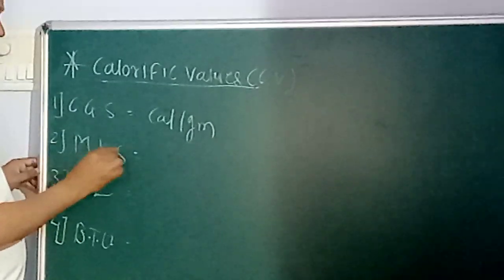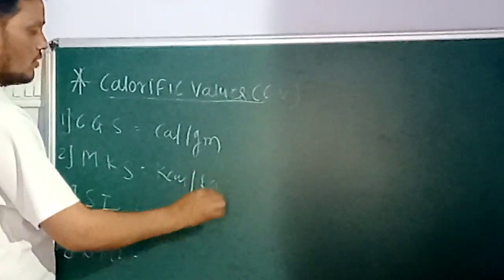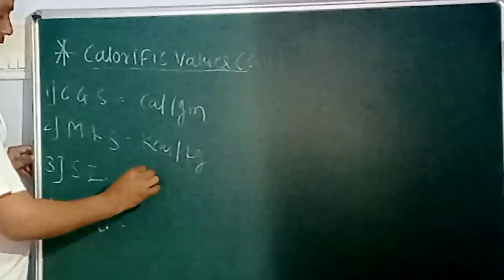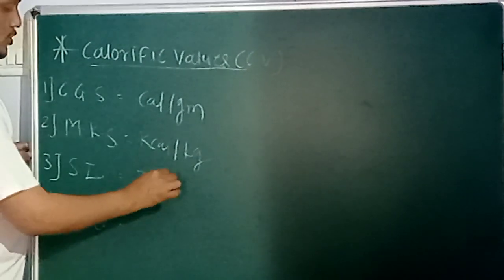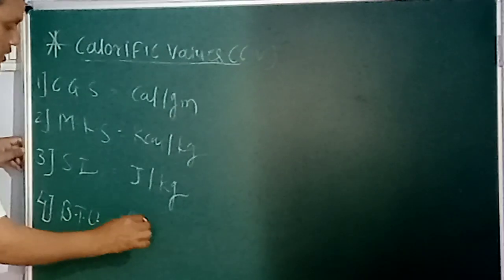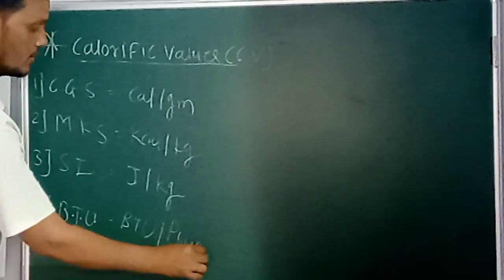In MKS system, it is expressed in kilocalories per kilogram. In SI system, it is expressed in joules per kg, and in BTU system it is expressed in BTU per pound.